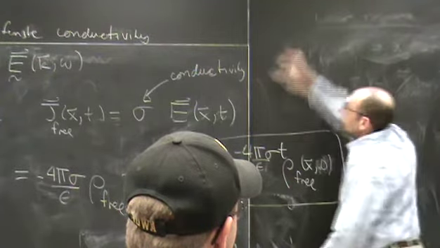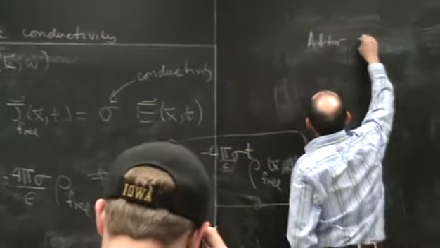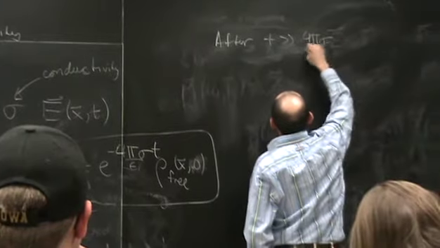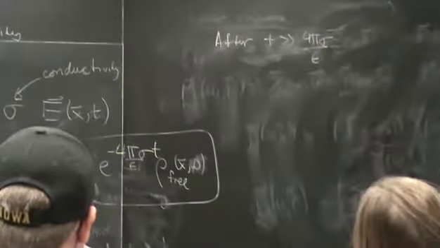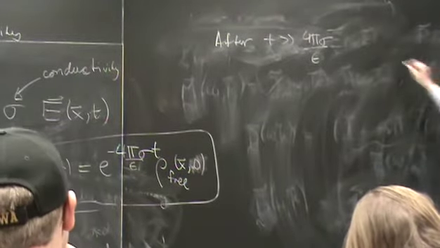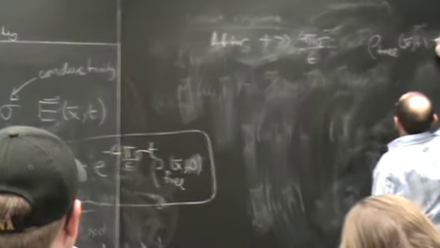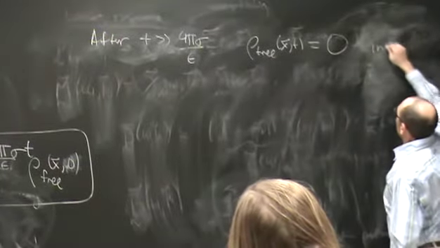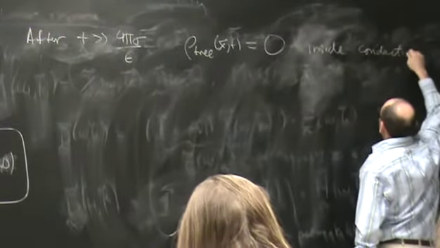So after time t much, much bigger than epsilon over 4 pi sigma, rho free equals 0 inside the conductor.